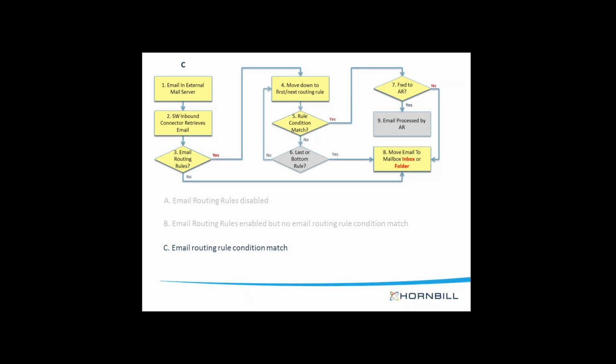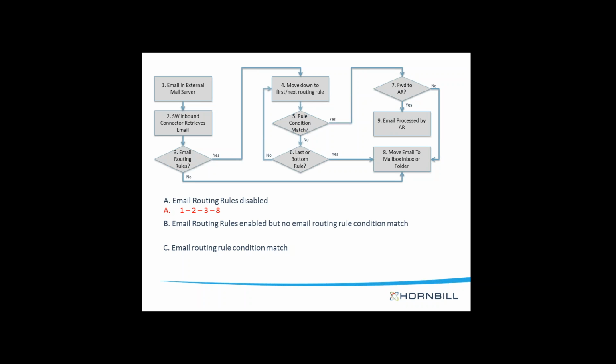So this is the point where the email can be moved to a different folder than inbox. In scenarios A and B, the email will reach inbox only. You can't specify for scenarios A and B what folder in your mailbox the mail will go to.